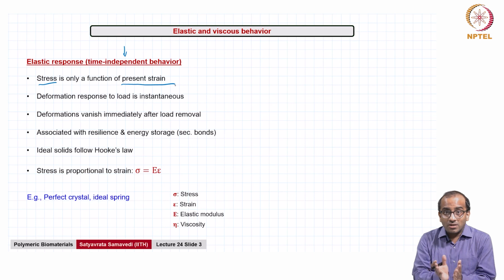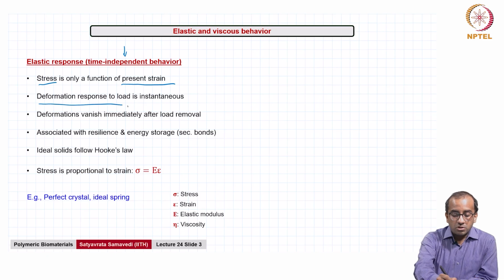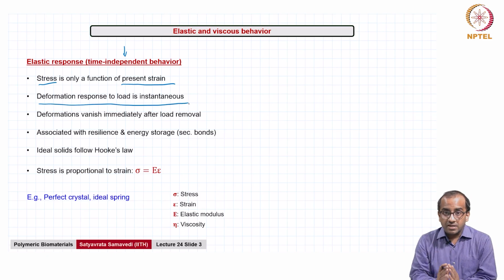As long as you are talking about purely elastic responses, the contention is that stress is only a function of the present strain. Essentially, history and things like strain rate, what was the previous strain, all of this does not matter. So, any deformation response to the load is going to be pretty instantaneous, an extremely rapid, very quick response.